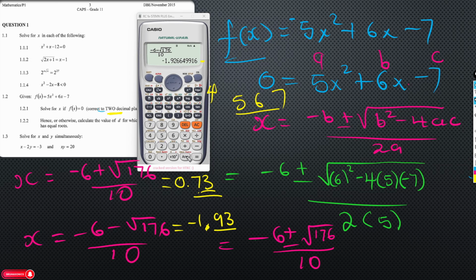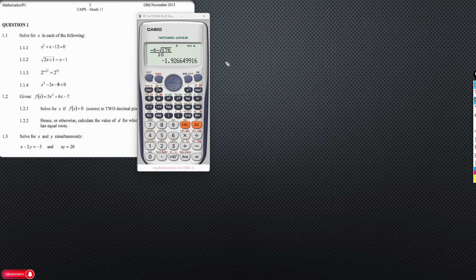This is very important because if you go there and say that you have negative 1.932, then it will be wrong because you have to round it off. If you get something like this, then the answer will be negative 1.93.